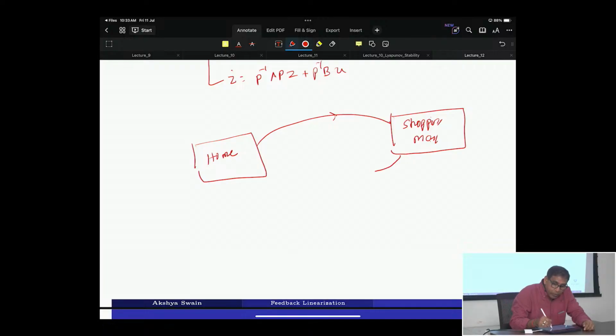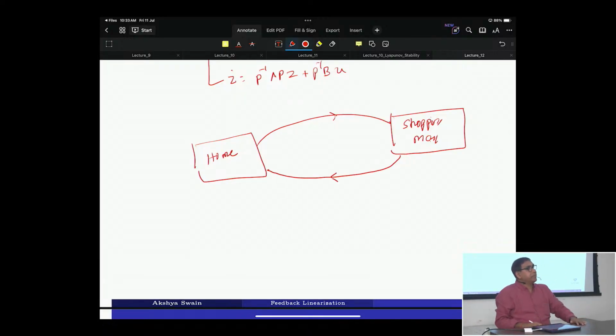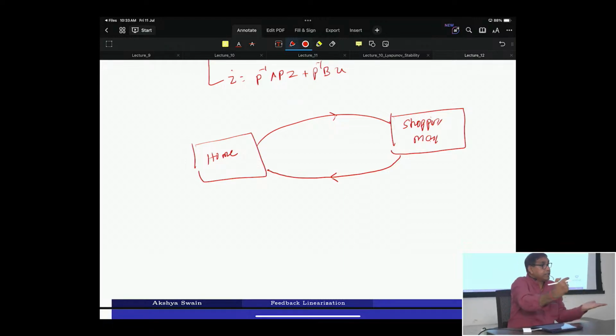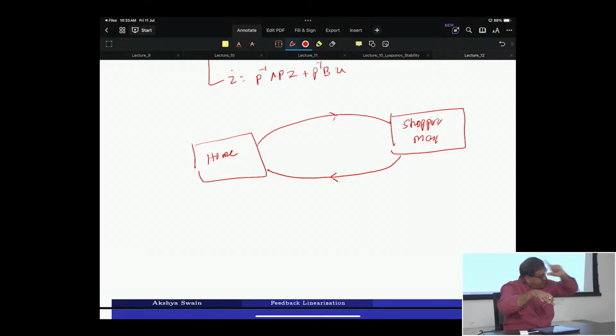If you cannot come back, you are in trouble. This transformation which you are applying must have an inverse. That means you are going in this direction, you must come back. If you cannot come back, it is a big problem, because you are going to the shopping mall and you will vanish. I always give this example.